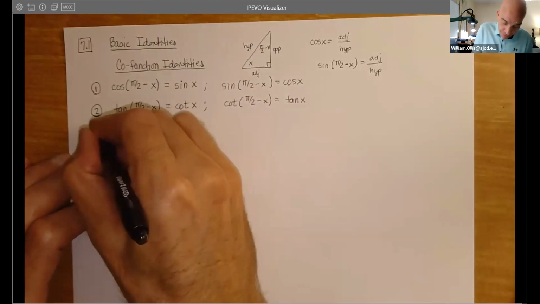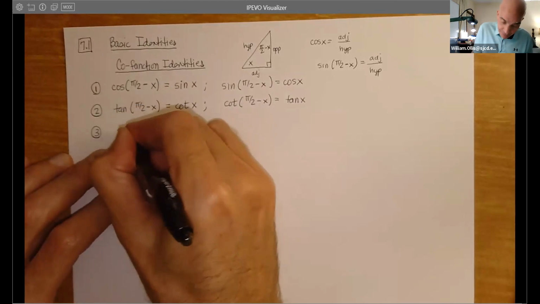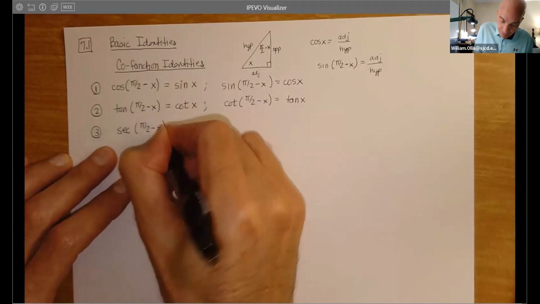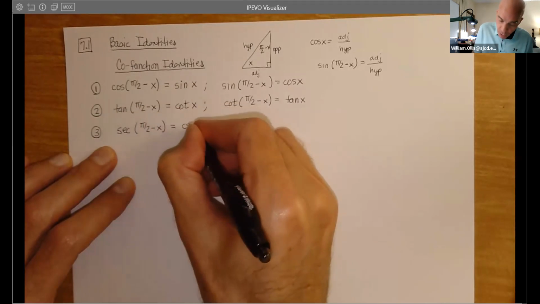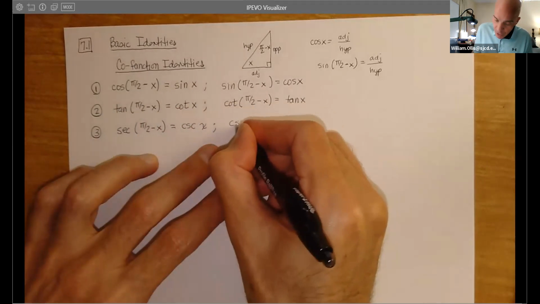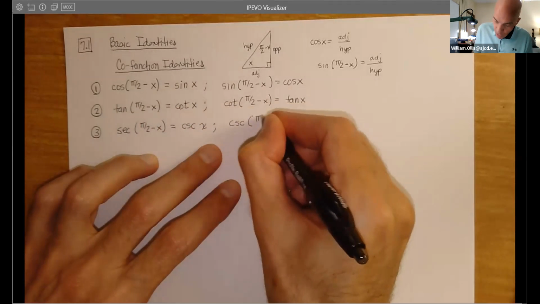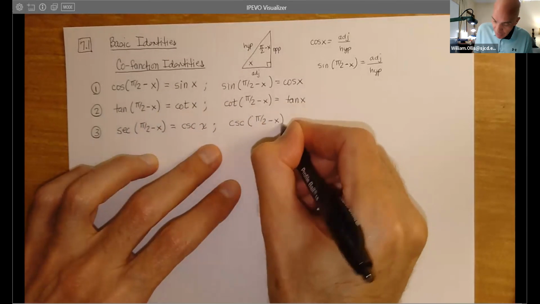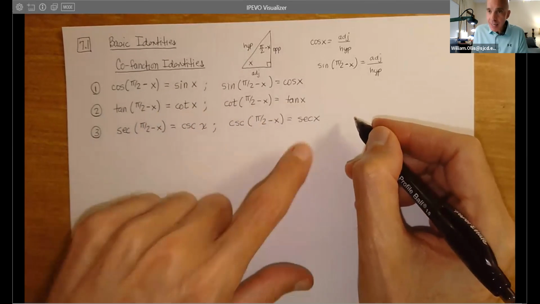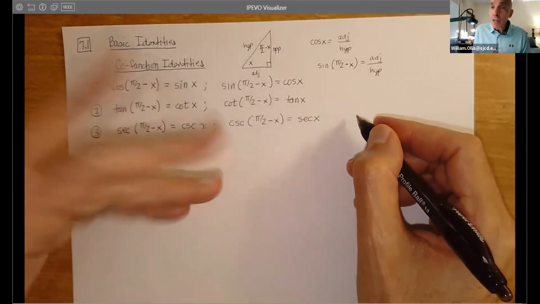And then 3, secant of pi over 2 minus x equals cosecant of x, and cosecant of pi over 2 minus x equals secant x. Secant, cosecant, cofunctions.